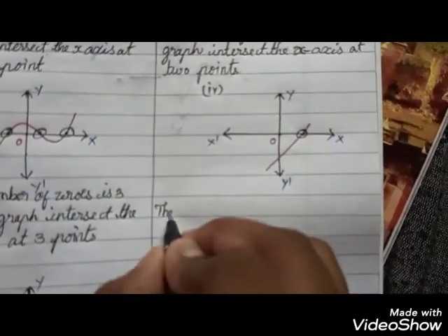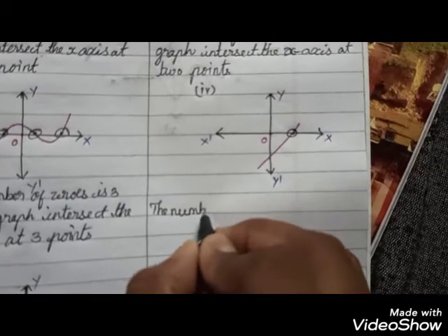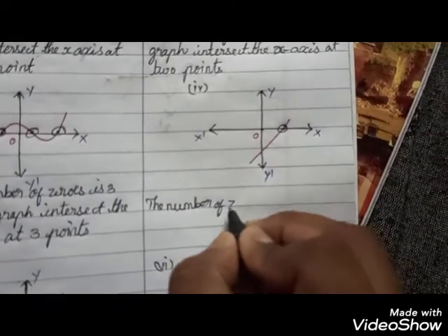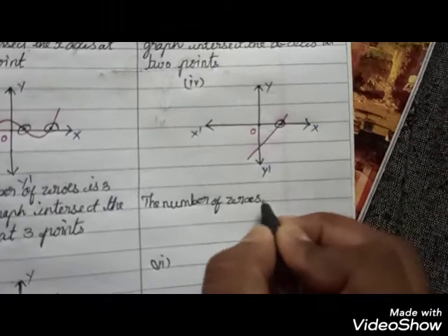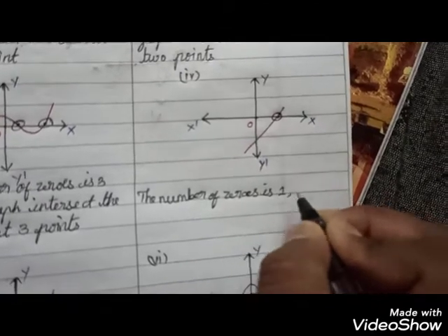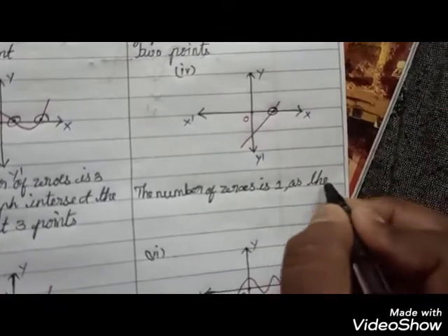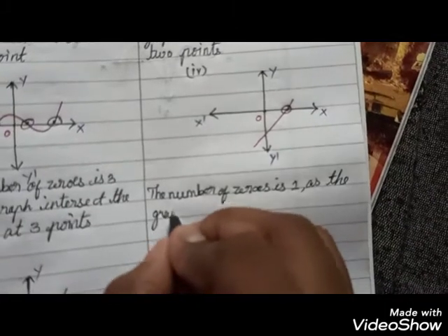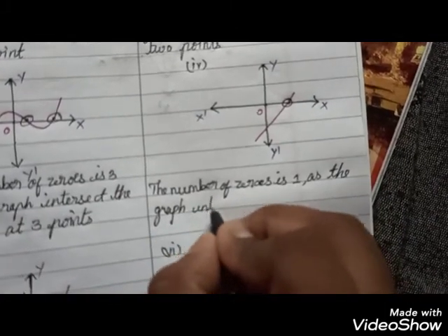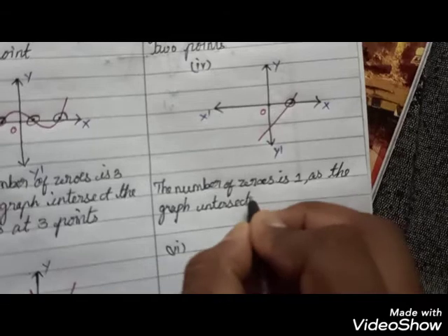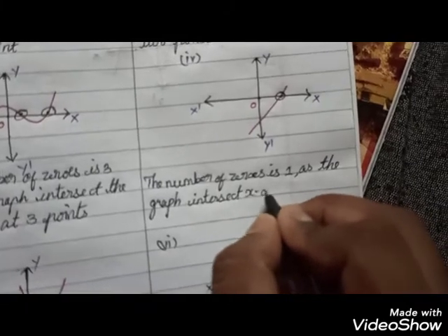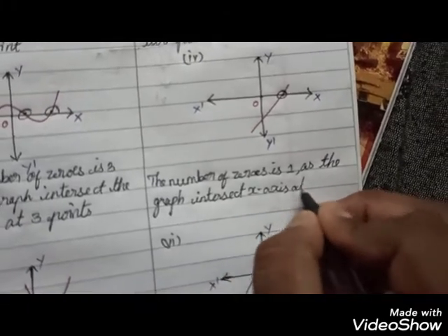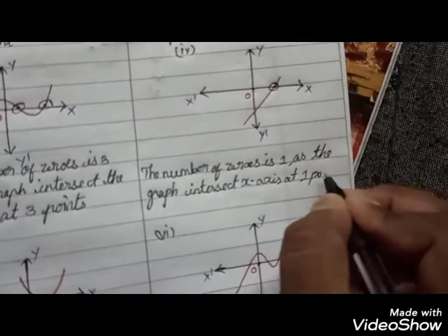The same. Number of zeros is 1 as the graph intersects the x-axis at one point.